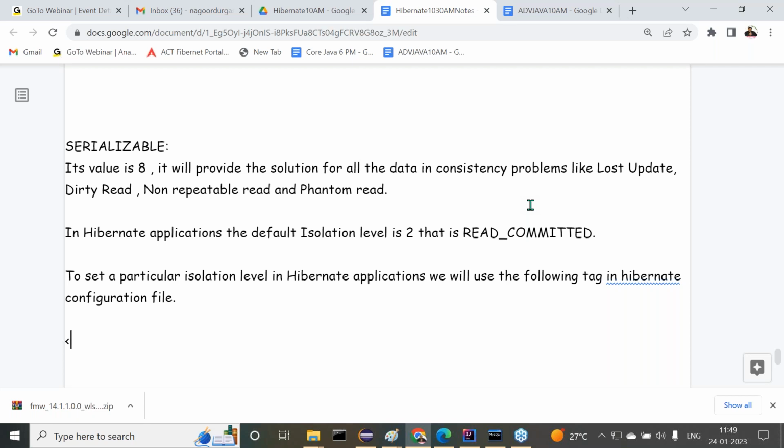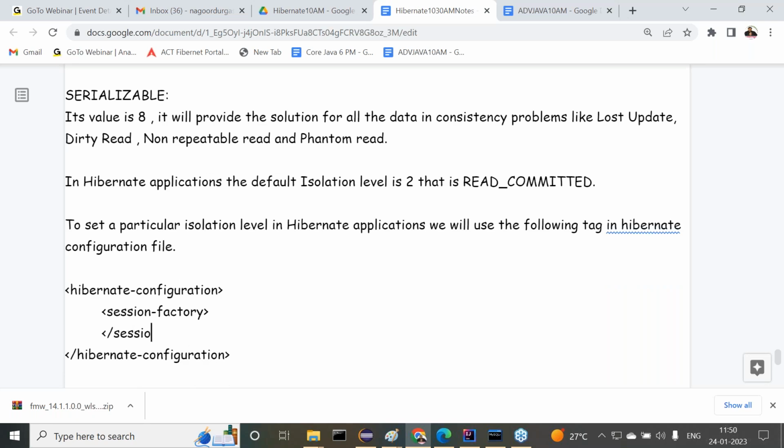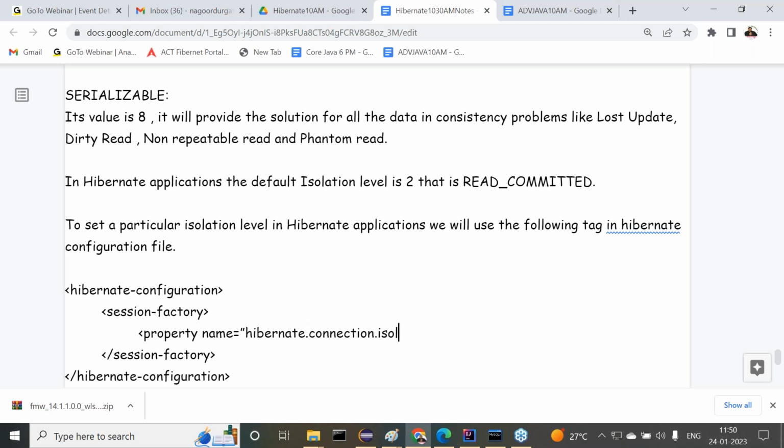Now observe carefully. Inside the Hibernate configuration, inside the session factory, we have to use a property with name equal to hibernate.connection.isolation.